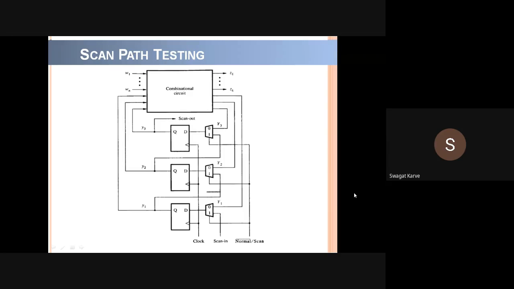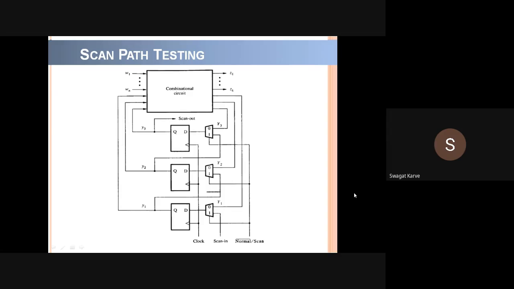Scan path testing involves a specialized flip-flop, or sometimes a specialized latch, that allows data to be scanned in for control and scanned out for observation, right? That means D flip-flops, which are the normally specialized flip-flops used in scan path testing.